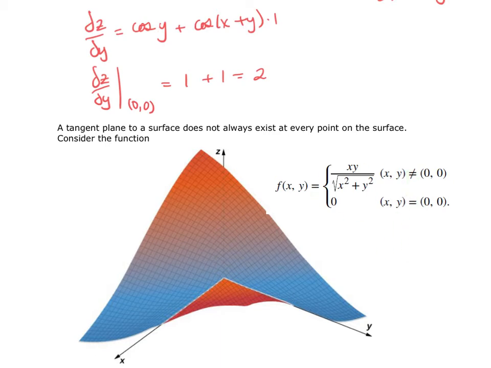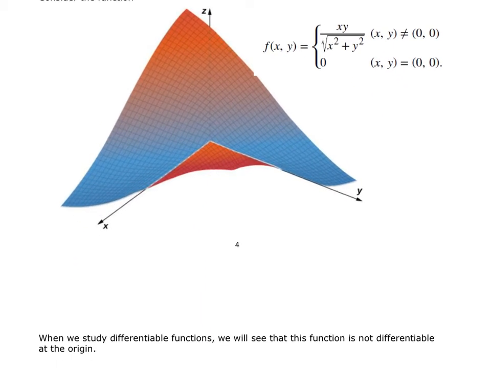So here's an example in which the tangent plane does not exist. If I have x or y equal to 0, then my function f is equal to 0. That's this case right here. So the value of the function does not change on either the x or y axis.